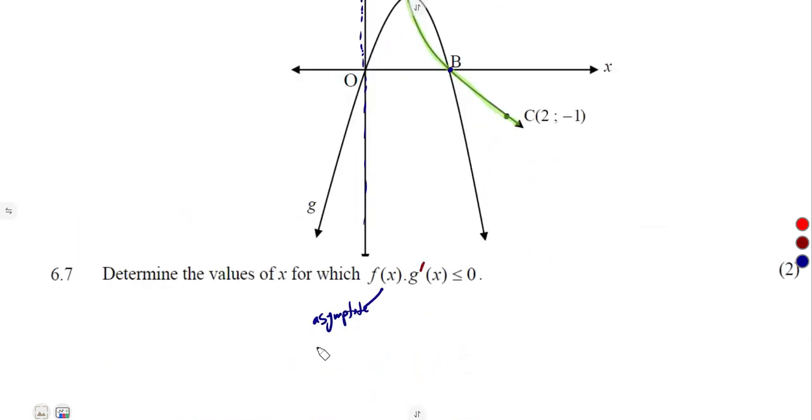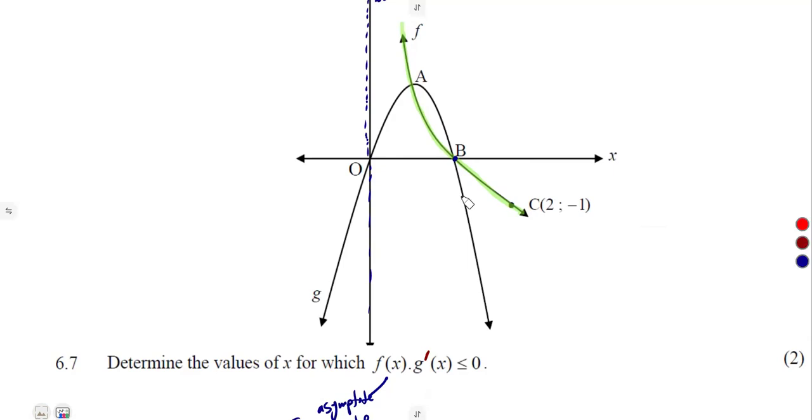So this one is there, and also the x-intercept. Those will be our critical values. So that was at what? At point B. B was equivalent to 1, the x value at B. So we have that as our critical value at B, where x is 1. All right, this is it.